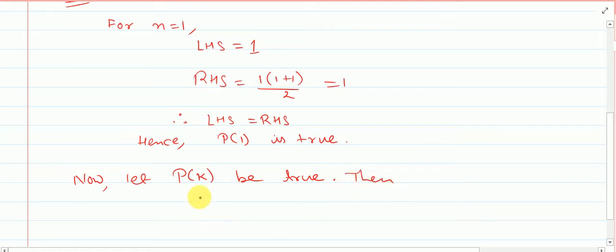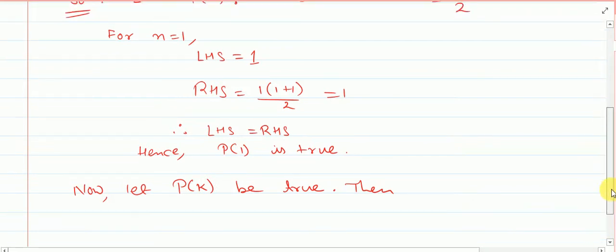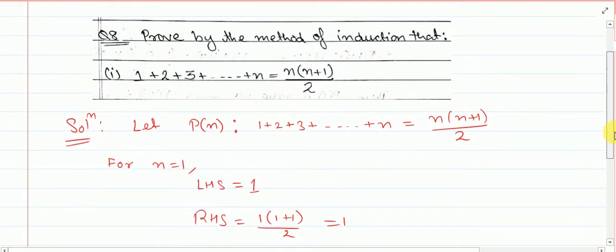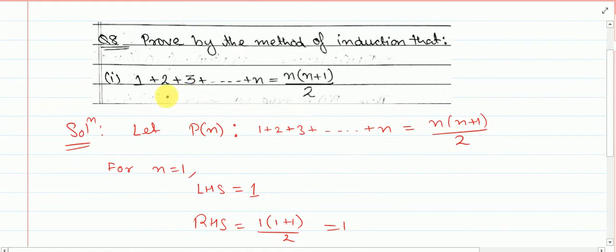Since I'm saying that Pk is true, it means that if you replace n by k on both sides, then the statement will be true.